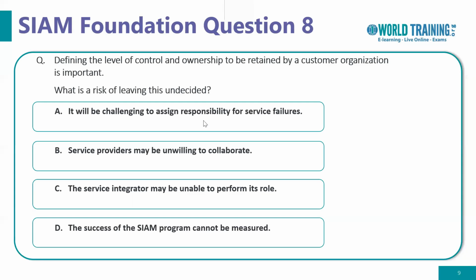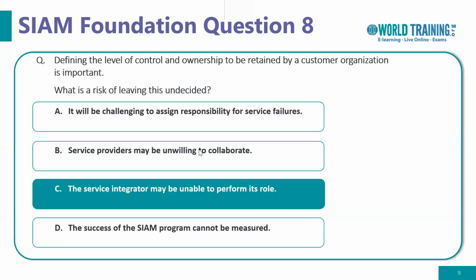And that's where the answer could be C here: the service integrator may be unable to perform its role, because the rest of the possible choices given are more or less operational risks, right? And they have nothing to do with ownership and control.